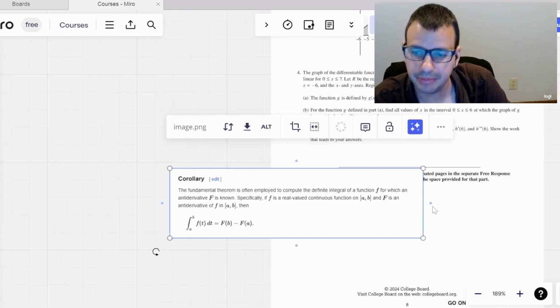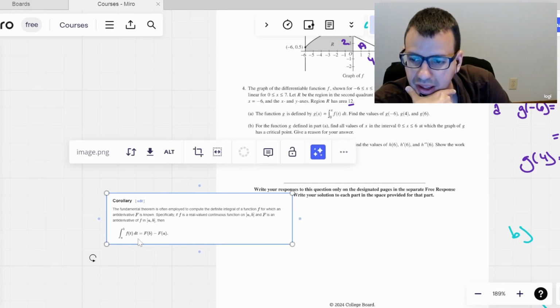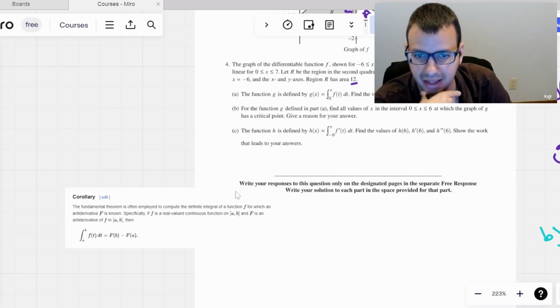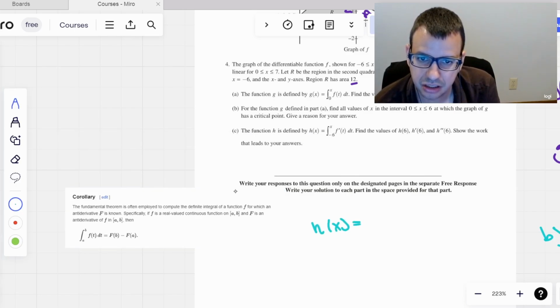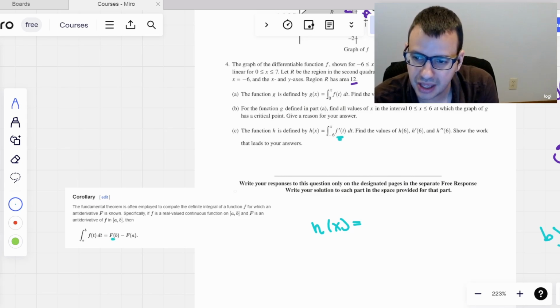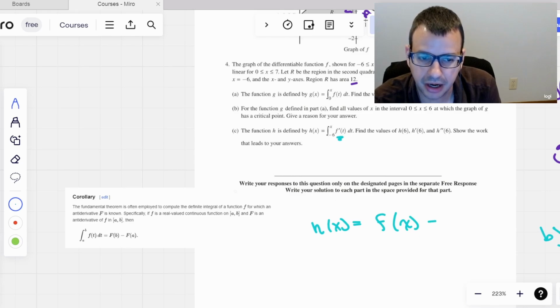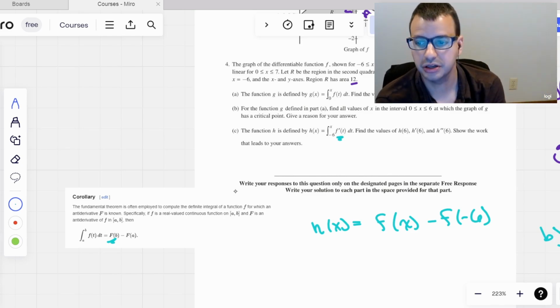So if we go from a to b, that's going to be the integral of f at b minus the integral of f at a. So what this is saying is that h of x would equal, so this is the derivative, that's the integral, so this is just going to be f of x minus f of negative 6. So this says take the integral of the derivative is just the normal function.